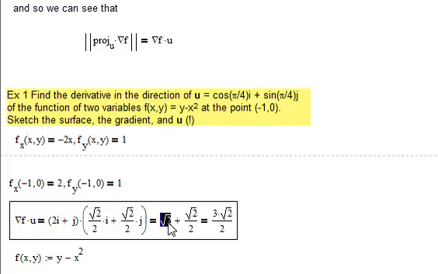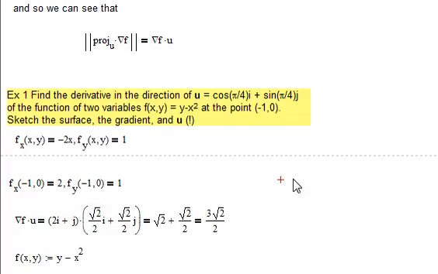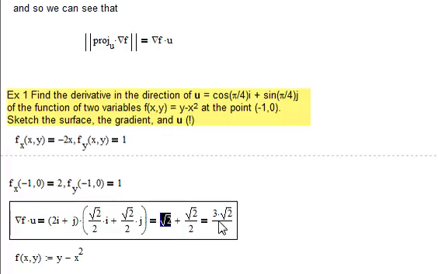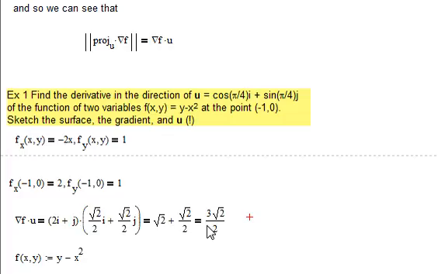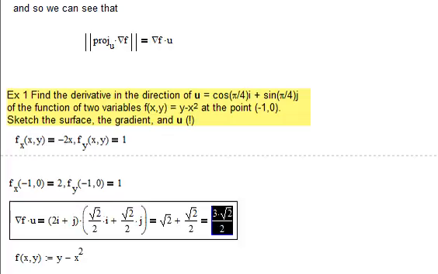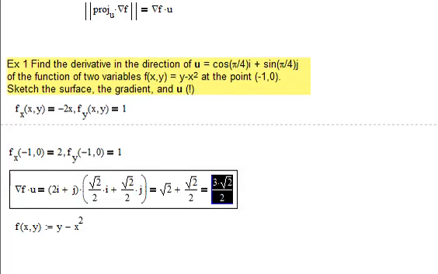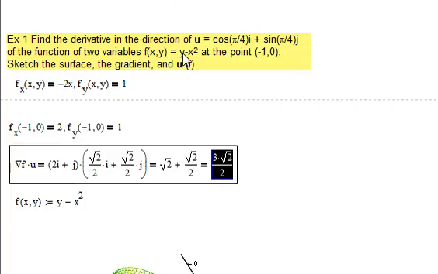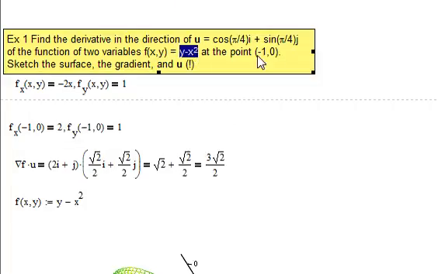So we get square root of 2 plus square root of 2 over 2. Well, that's 2 square roots of 2 over 2, so that ultimately gives us 3 square roots of 2 over 2. And that would be the slope of this surface at this point in this direction.